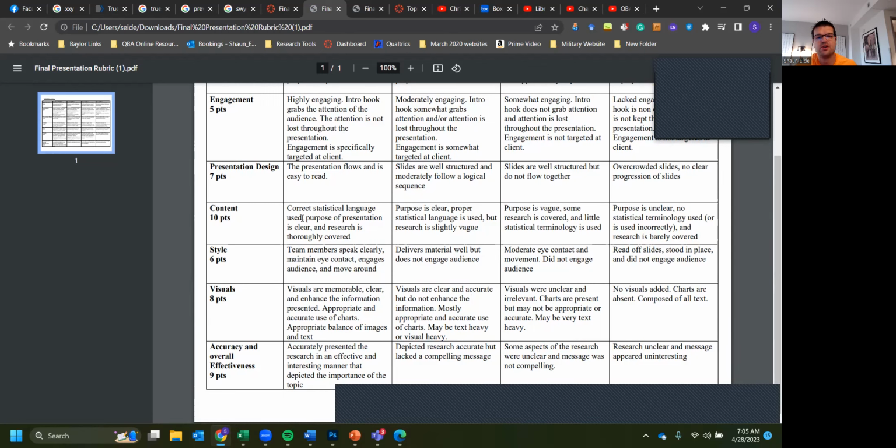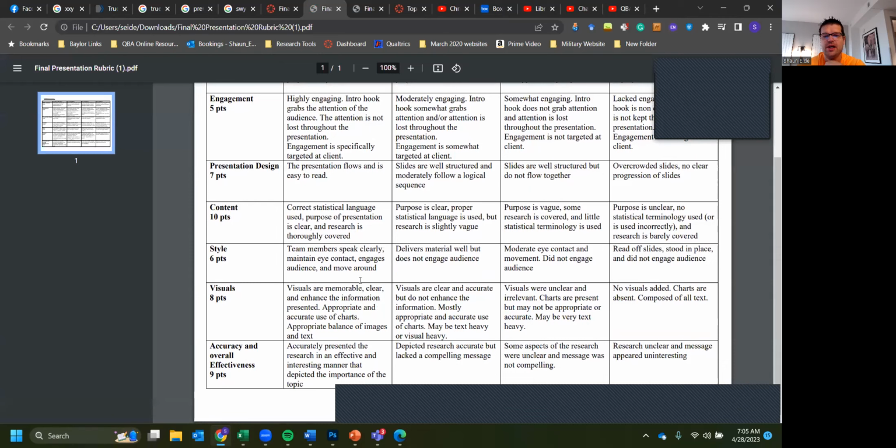The presentation design flows and is easy to read throughout. Make sure that you use the correct statistical language. The purpose of the presentation is clear, and research is thoroughly covered. Now, what this means is you don't have to go into all the deep details of the research, but the content should be clear, and the data should definitely back up whatever it is that you are presenting.